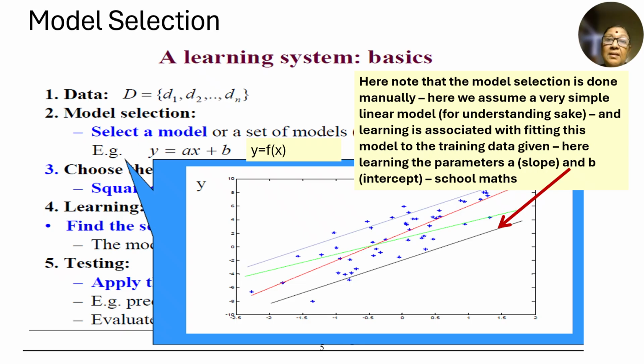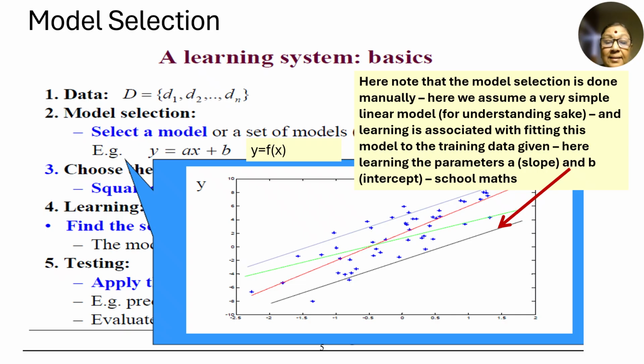Then comes the model. Now, selecting a model has to be done by human beings. It is not given by the system. In our case, we assume a very simple linear model, a straight line, and learning actually is about fitting this linear model to the training data points.